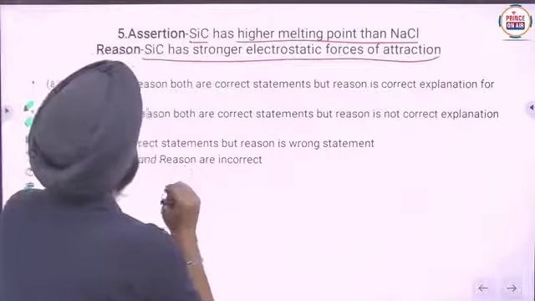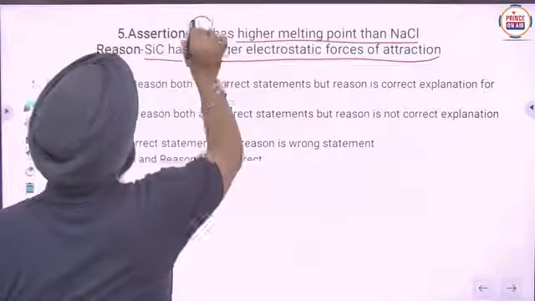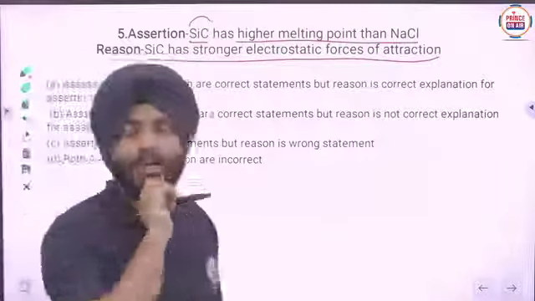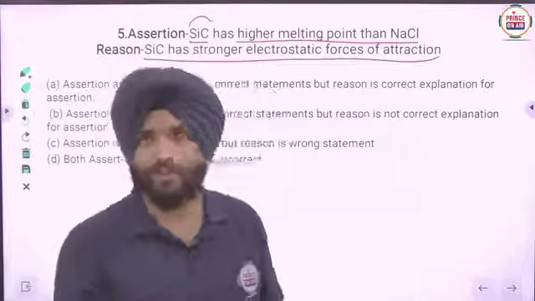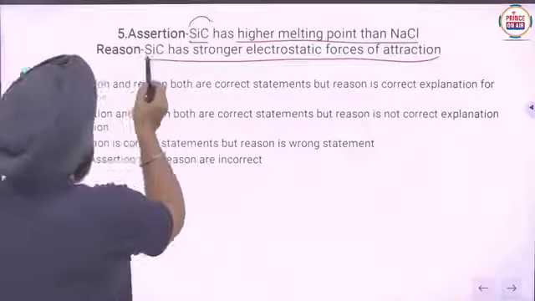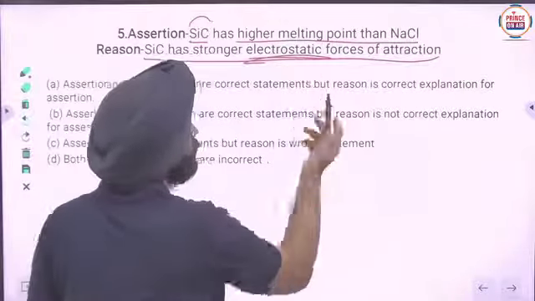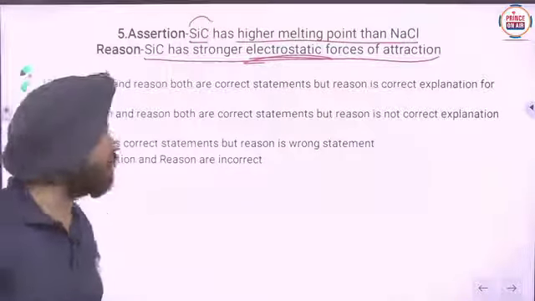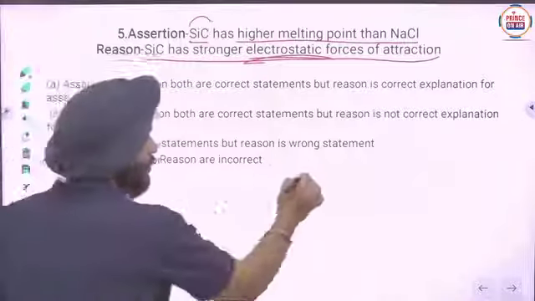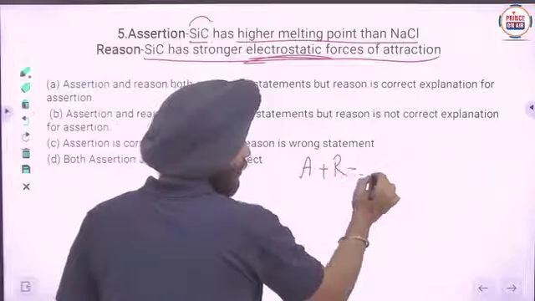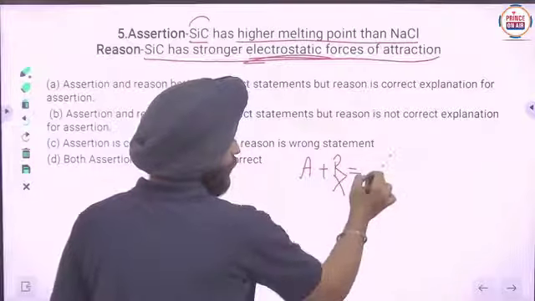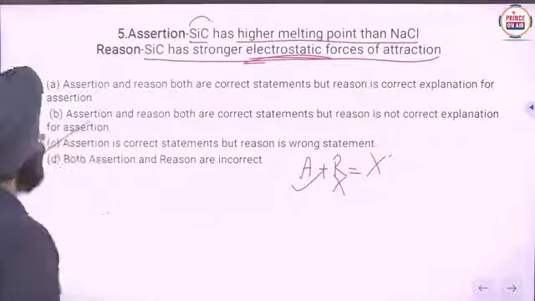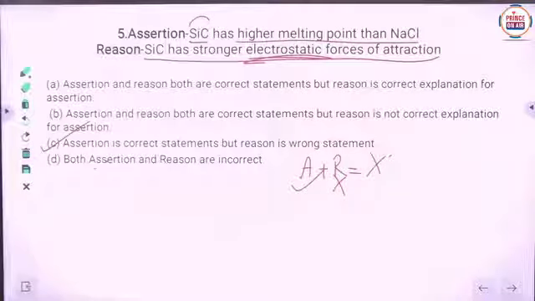SiC has, no doubt, a higher melting point, but why does it have a higher melting point? Because it is a covalent solid. SiC has the strongest electrostatic force? How is it possible? It does not have electrostatic force of attraction. So the reason is incorrect, while the assertion is correct here. So option C will be the right one. Clear?